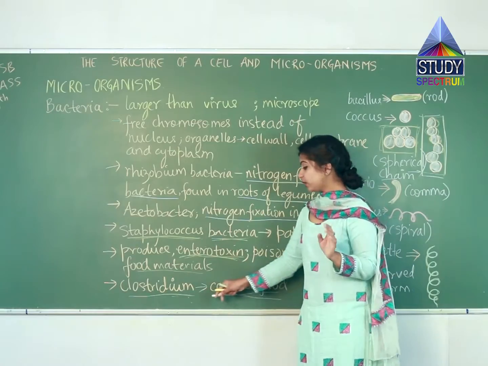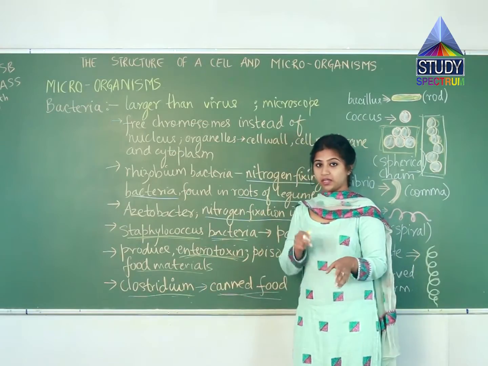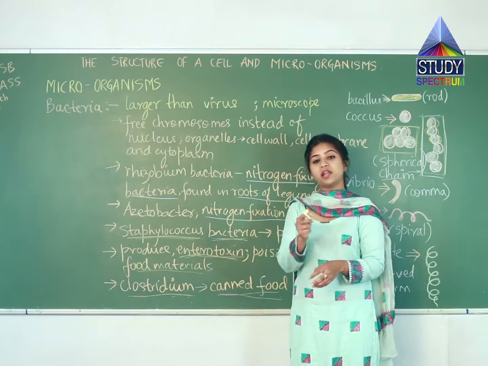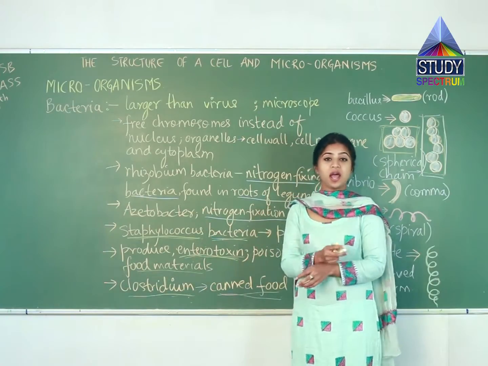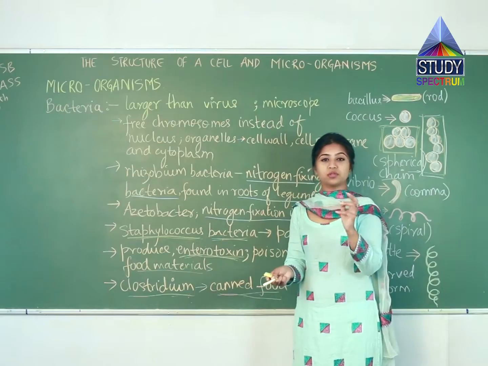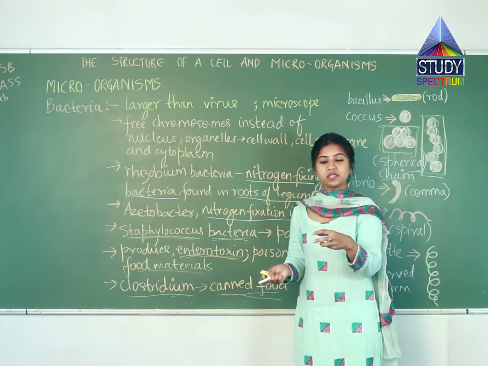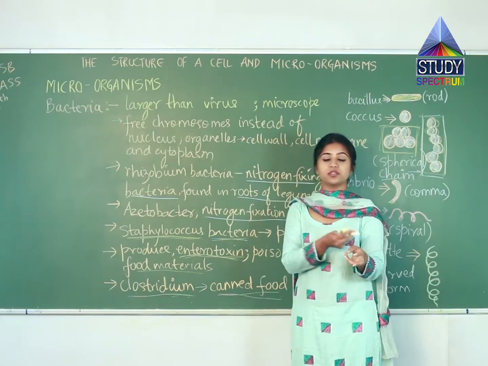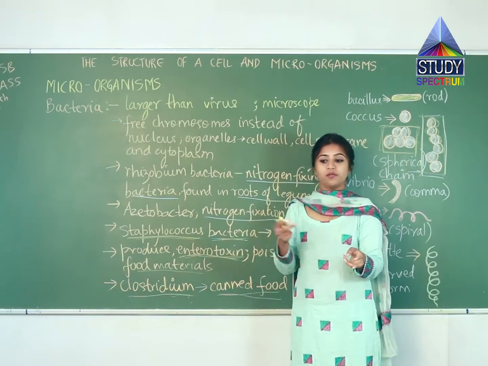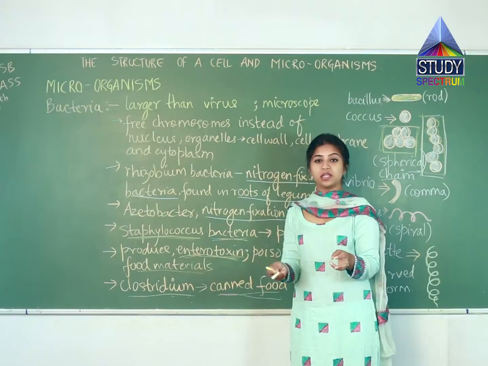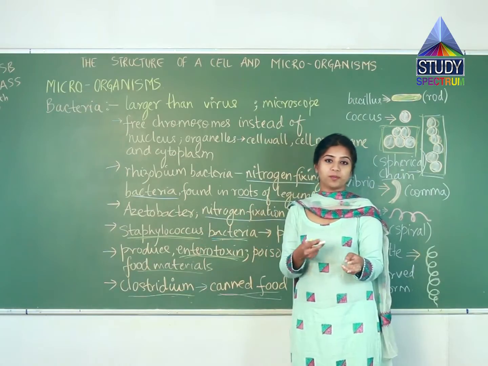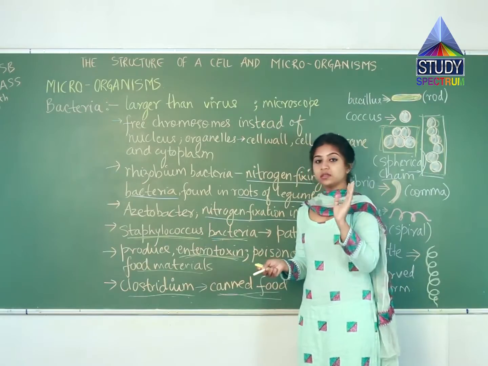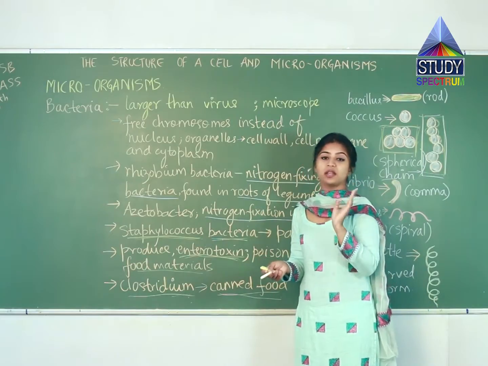Since I told you that Clostridium is a bacteria that does not require oxygen for its growth, hence it is an anaerobic bacteria, and since it's an anaerobic bacteria, it produces really poisonous substances and excretes them out of its body, introduces them to the food and makes the food furthermore poisonous, which when further consumed by the host, that would be the human being for that matter, would be subjected to diseases and illnesses.